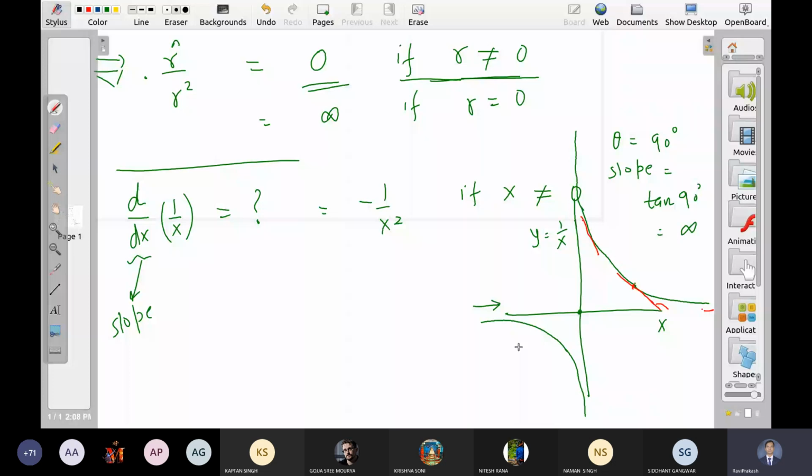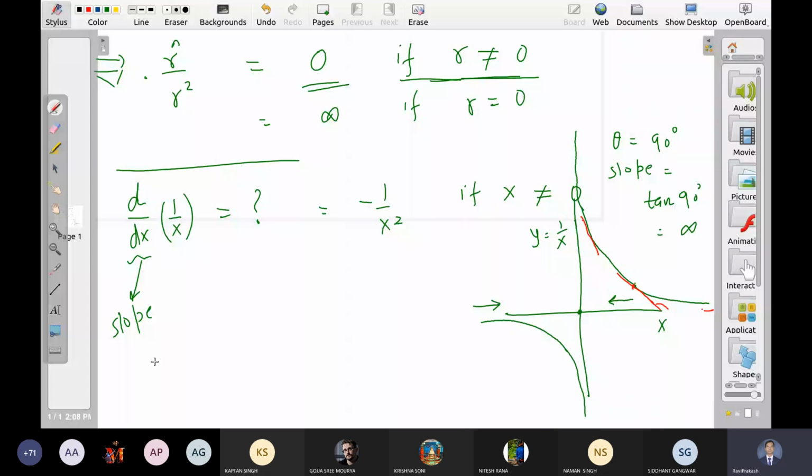If you approach from the right hand side towards 0, you can see the curve is going towards plus infinity. And we do not know what is the value of the curve at x is equal to 0. From the left hand side it looks like it is going to have minus infinity value. From the right hand side it looks like it is going to have plus infinity value. And that's why there is a problem in the definition of derivative here.